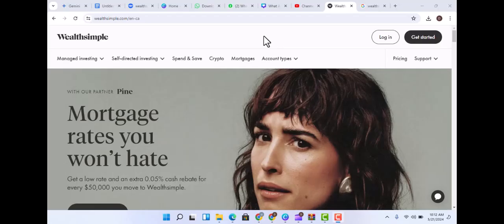This slip is for reporting interest and dividend income. If you earned over $50 in interest or dividends in a non-registered account, Wealthsimple will issue a T5. Even if you earn less than $50, you're still technically required to report it, even if you don't receive a slip.